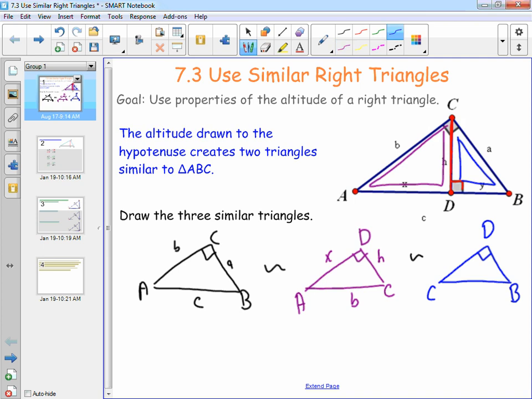And lastly, on our blue triangle, again, we have CD is h, DB is y, and CB is a. We now have three similar triangles. So just like in chapter 6, we can use similar triangles and proportions to solve for any of little a, little b, little c, x, h, or y.